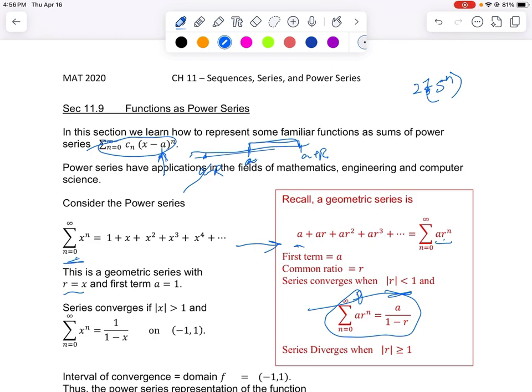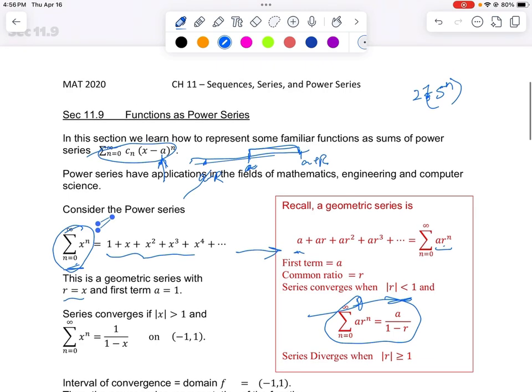Now, look here. This is what we call the open form, and this is the closed form. But also, because it's a geometric series, if it is converging, if x lies in the interval negative 1 to 1, then we can call it a function.